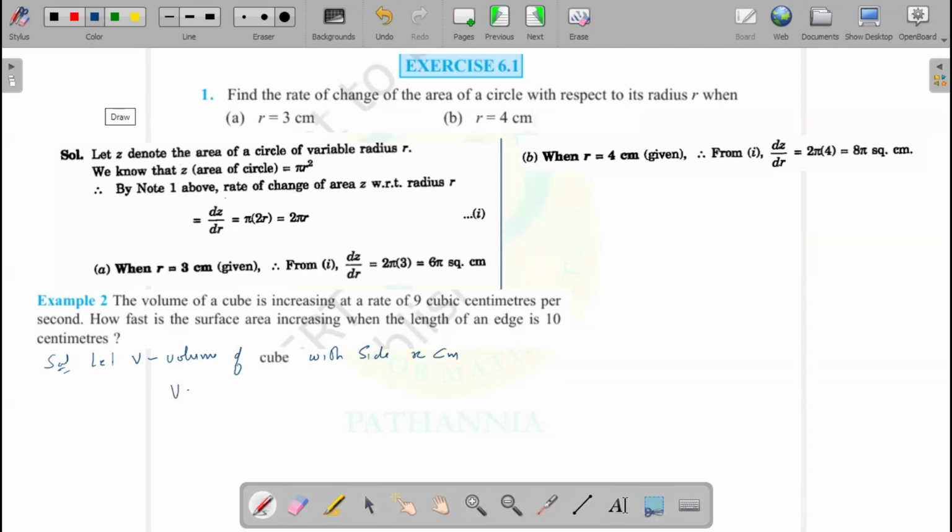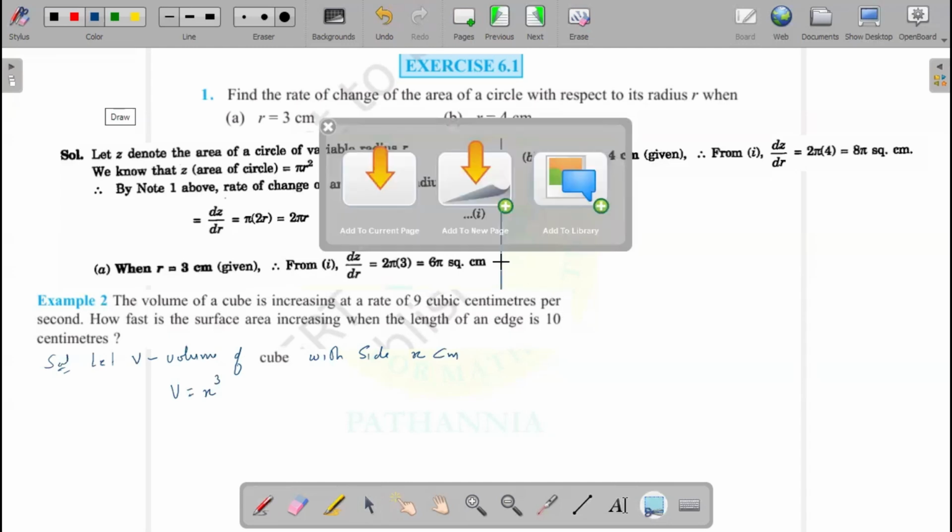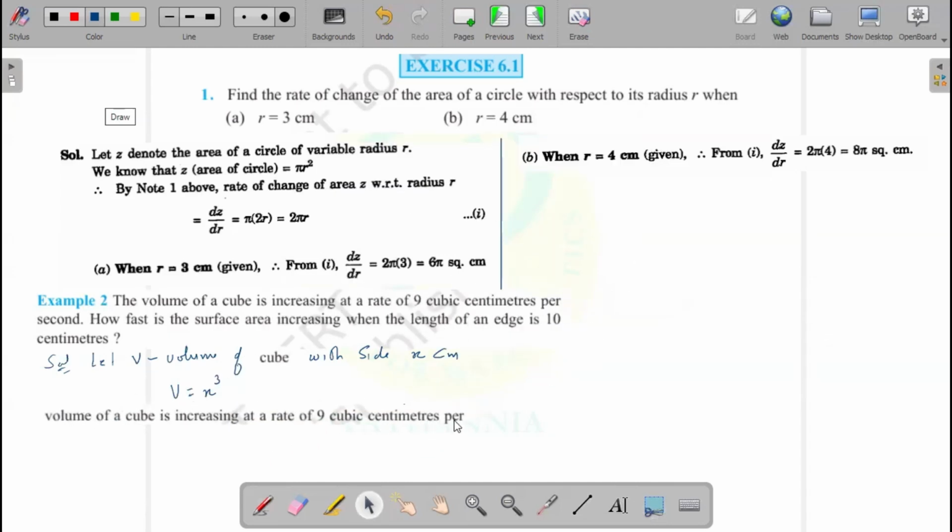So the volume of a cube is x cube. It is given in the question that the volume of a cube is increasing at the rate of 9 cubic centimeter per second. Per second means with respect to the time, the rate of change in volume is 9 cubic centimeter per second is given to you.